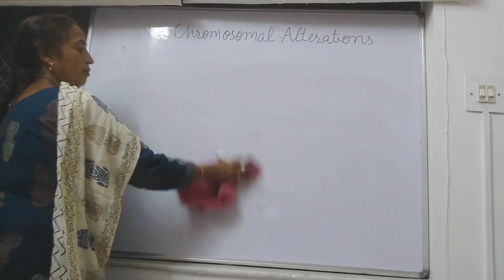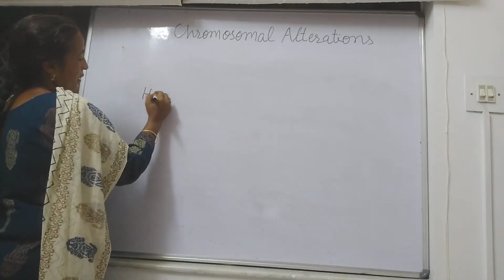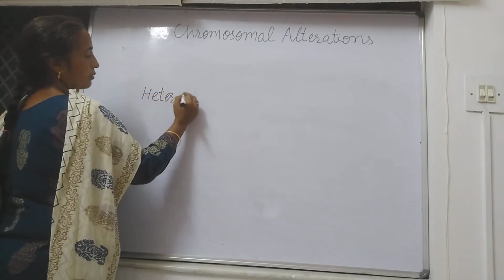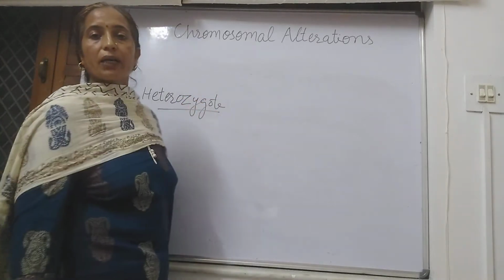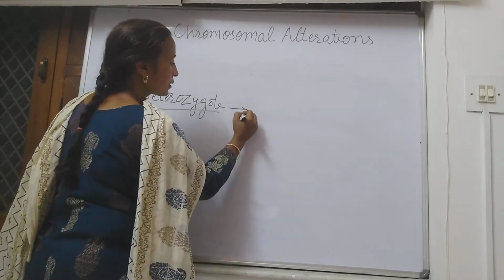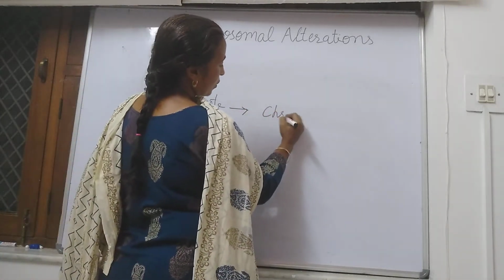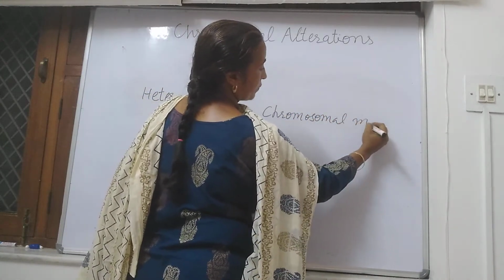Due to chromosomal deletion in heterozygote condition, as the buckling effect is there, it helps to form a chromosomal map.